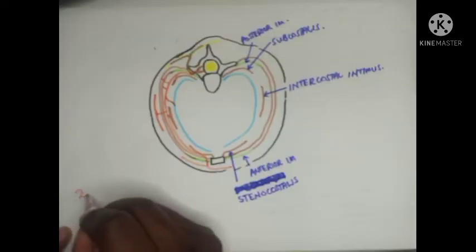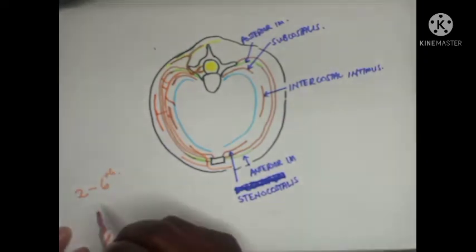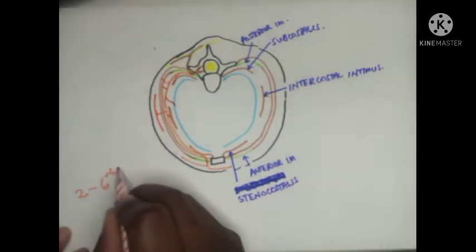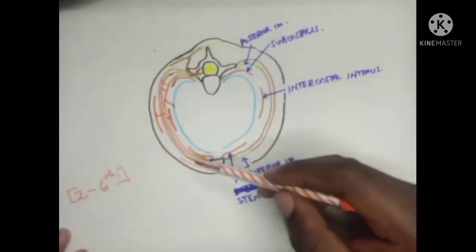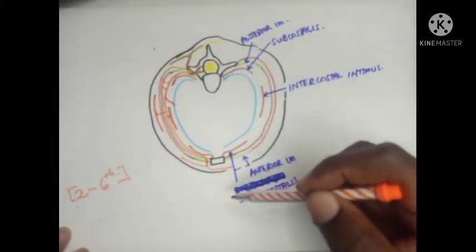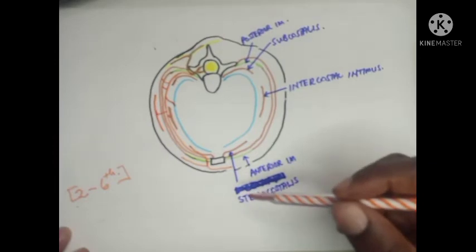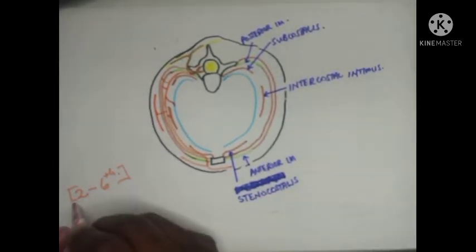Please note that this arrangement is only for the second to the sixth intercostal spaces, and once we go beyond that, please note that the intercostal nerves do not only supply the skin, the intercostal muscles, and the parietal pleura, but it also goes down to supply the skin of the abdomen, the abdominal muscles, and the parietal peritoneum.